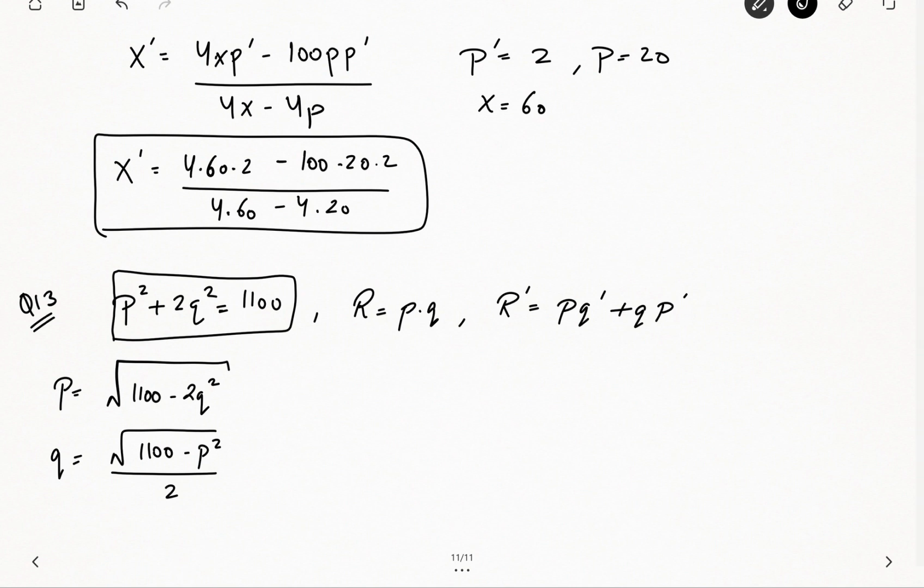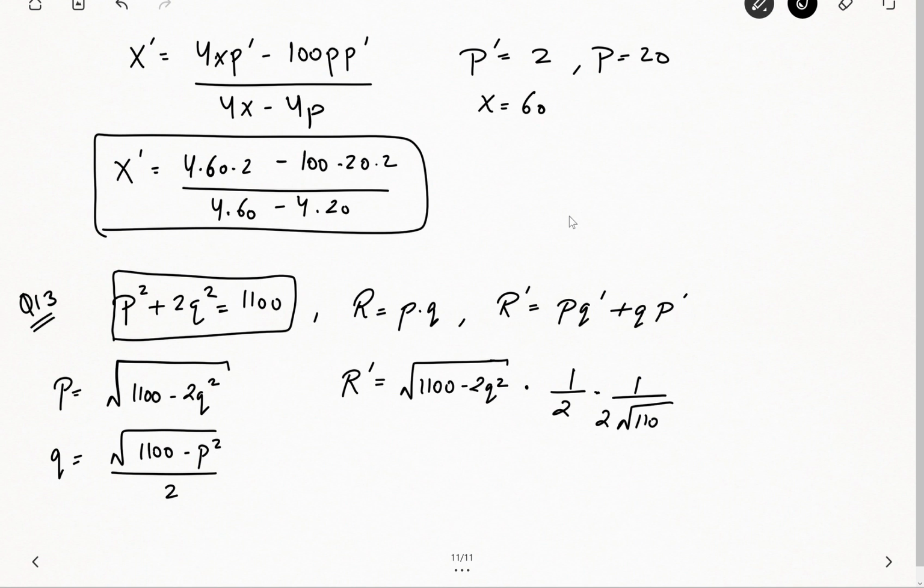So when you plug it in there, your R prime is just going to be P with a Q prime. So P is just that expression. We're going to keep it there. So it's going to be this: square root of 1100 minus 2q squared times Q prime. So that's a derivative of this, which will be 2 square root of 1100 minus P squared times the derivative of that, which is going to be 2p P prime.